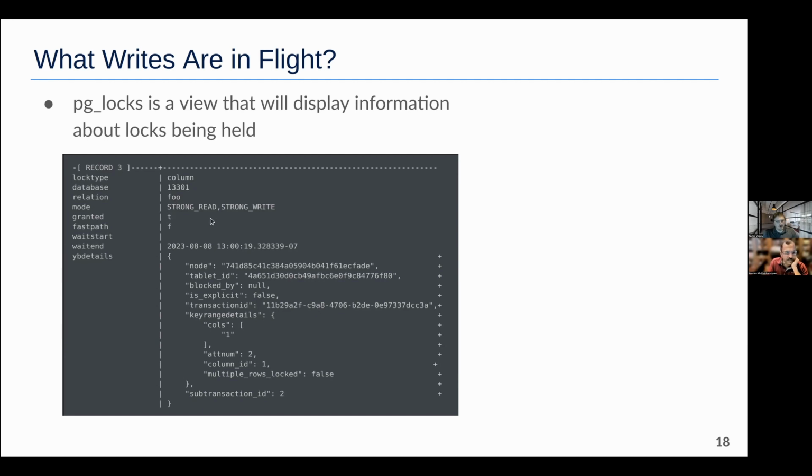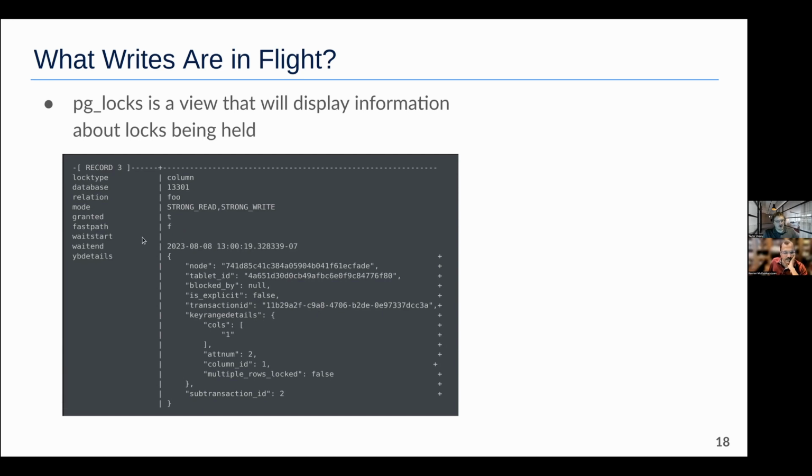You have the lock mode, and strong read, strong write means that this is the actual record being written and not an ancestor of that write. You have whether the transaction has been granted and has been written to the IntentsDB or whether it's waiting. You have fast path for single shard transactions.